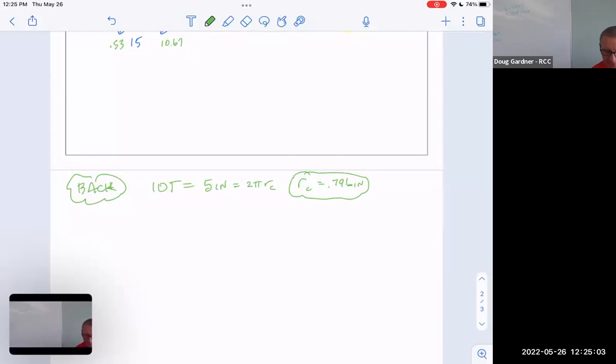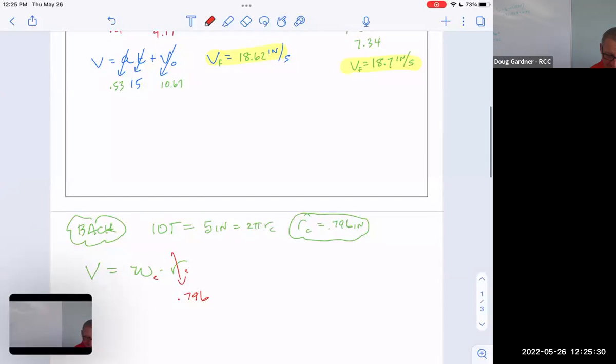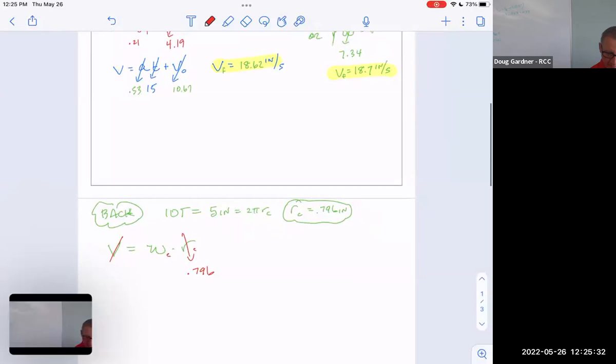So what's our conversion? Thanks to that radius, since I know the velocity is equal to angular velocity times radius, I know the radius of that rear cog is 0.796. So this would be the angular velocity of the cog. I know the linear velocity of the chain was, now I kind of don't know which one to use. I guess I'll use 18.7.